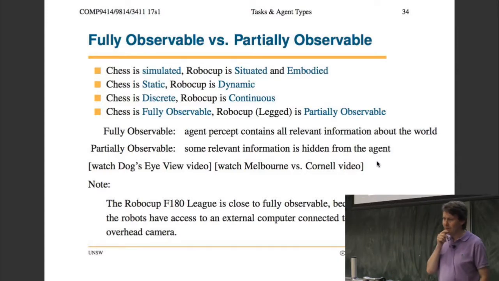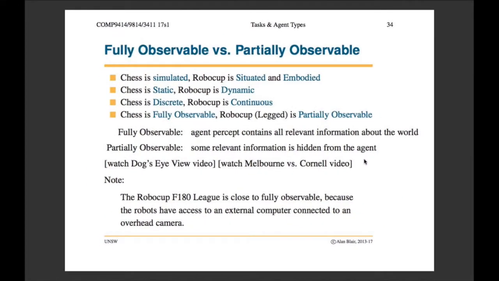Fully versus partially observable. Fully observable means that percepts being fed to the agent contain all relevant information about the world, right? So if you're playing chess, you can see, or you're told, where all the pieces are on the board. And if necessary, whether the king has castled, or whether the king has moved, or whether a pawn has just been moved up.